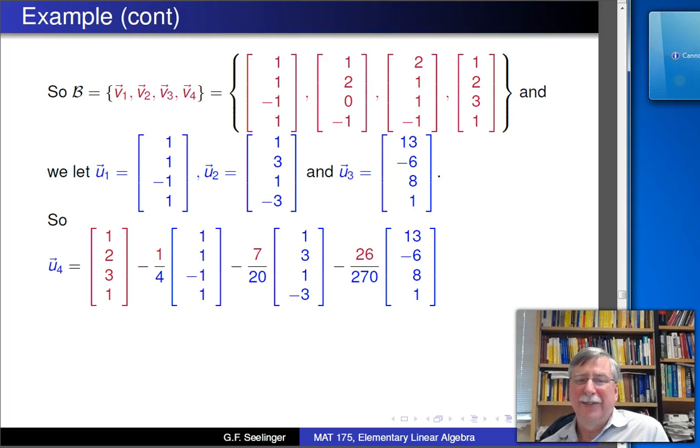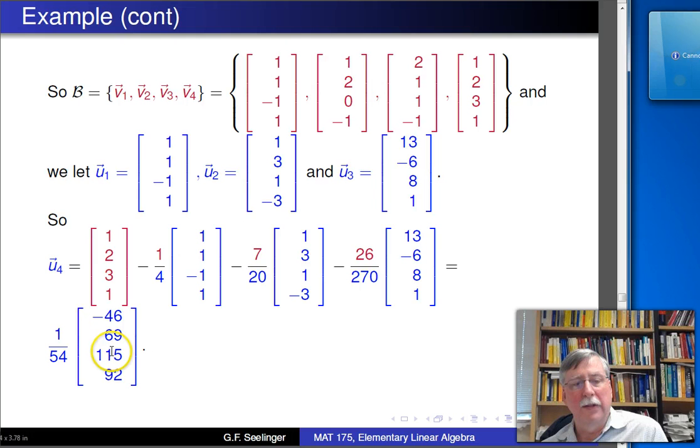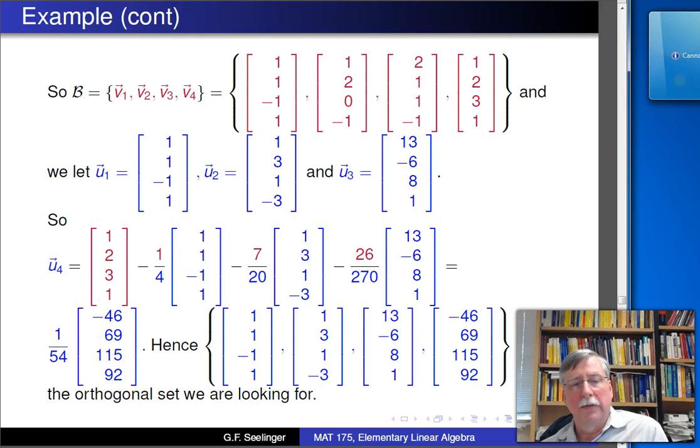As you go further in this process, these denominators and numbers tend to get larger, but it does work. When I do that, I get this: 1/54 times (-46, 69, 115, 92). And so I've got an orthogonal basis here. It says an orthogonal set, but remember these are now linearly independent. There's 4 of them, so it's a basis for R4 by theorem 4.12.